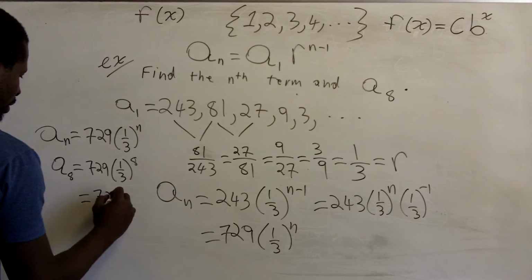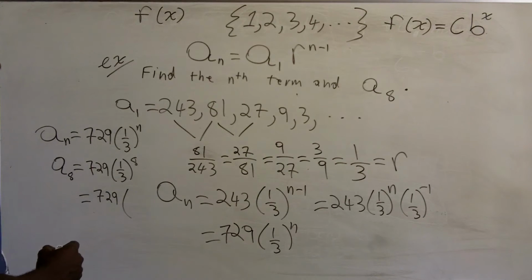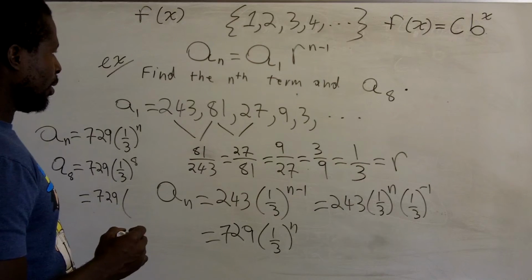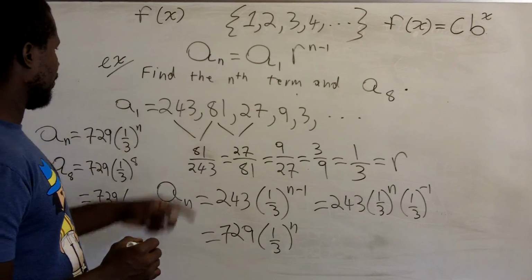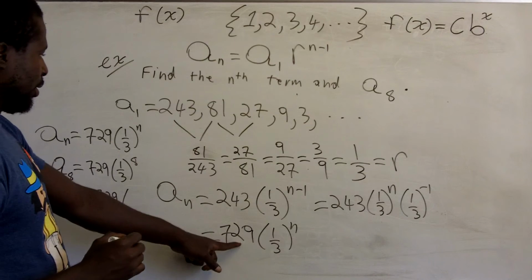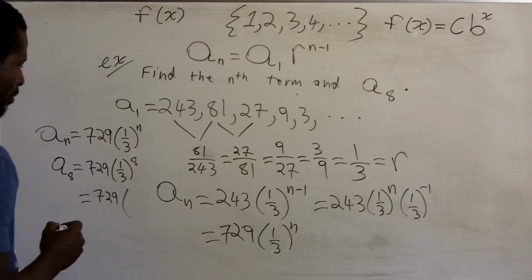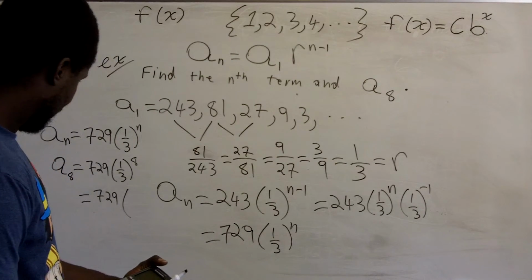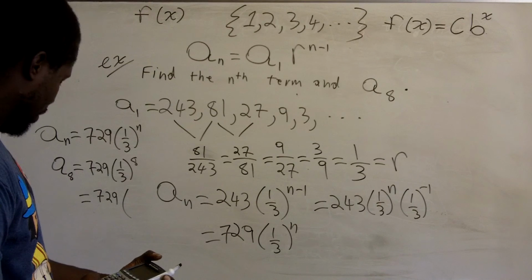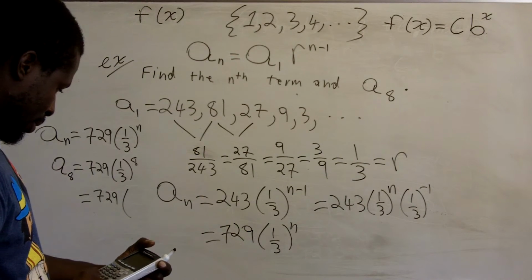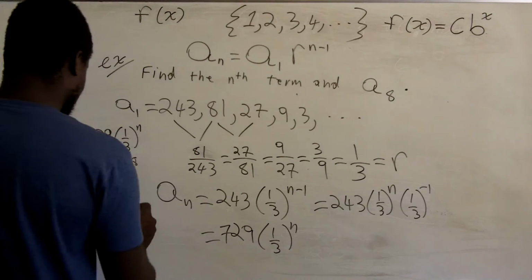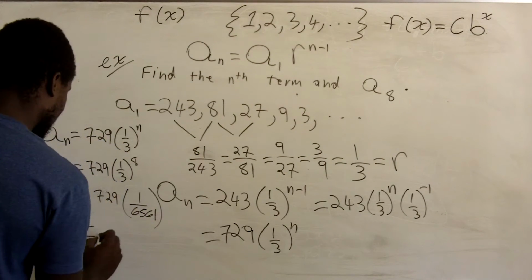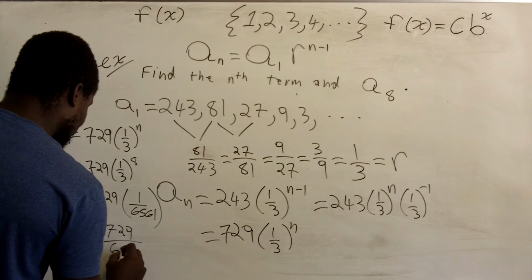Well, 1/3 to the 8th power, let's calculate that: 1/6,561. So we get 729 over 6,561.